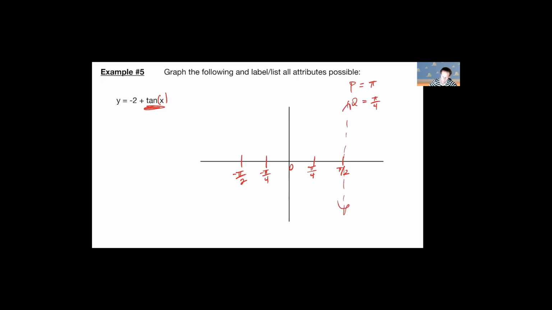I will draw my asymptotes through those, and I will put my 0 that normally is there. So that means I will start by taking my 0 in the middle, and then at that pi over 4 right here, I would have gone up 1. And then that pi over 4 to the left, I would have gone down 1.